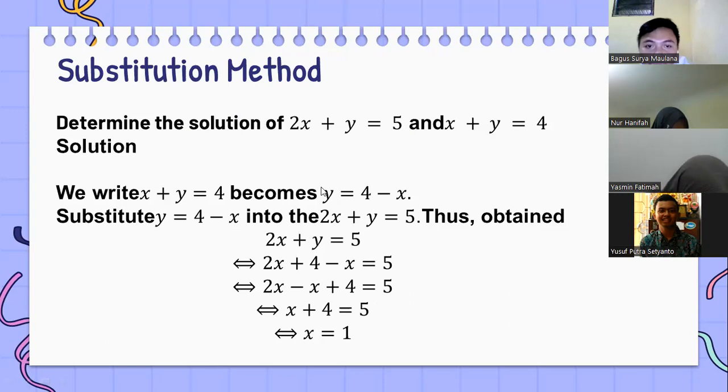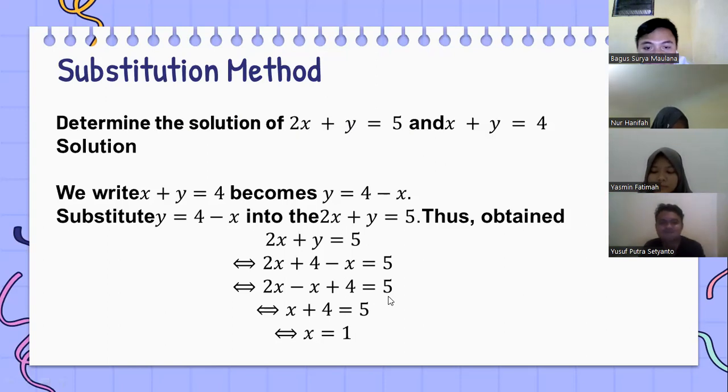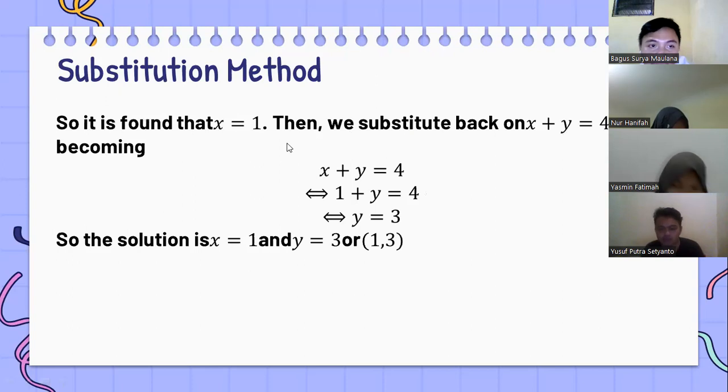Then we substitute y into 2x plus y equals 5, so 2x plus 4 minus x equals 5. After some algebra, we have x plus 4 equals 5, so x equals 1. Then, because the intersection of the lines is a point, from x plus y equals 4 with x equal to 1, we get 1 plus y equals 4, so y equals 3. So the intersection, or the solution, is 1,3.